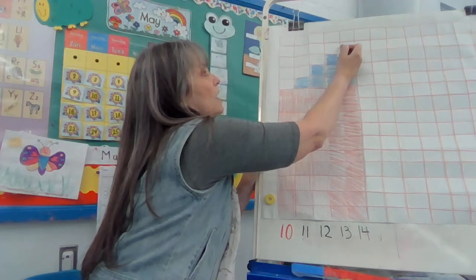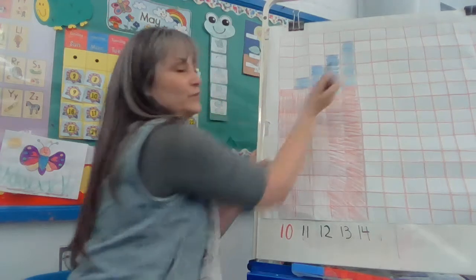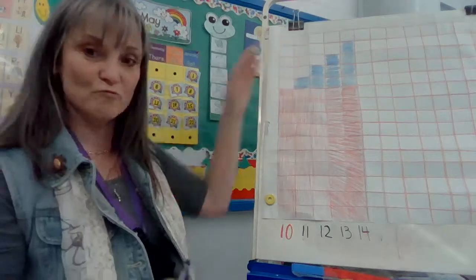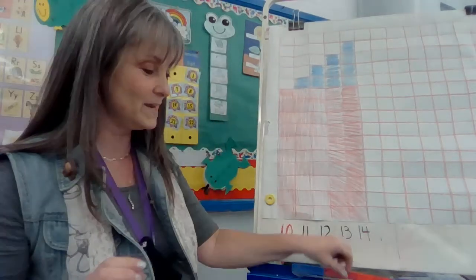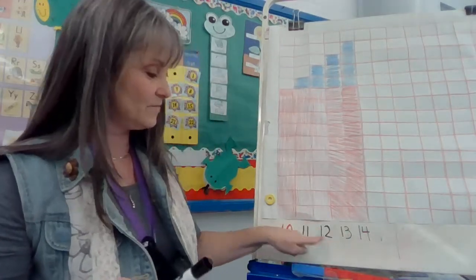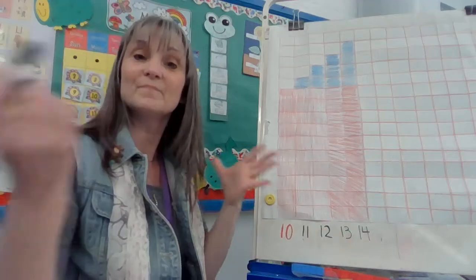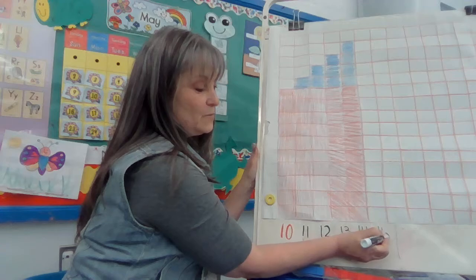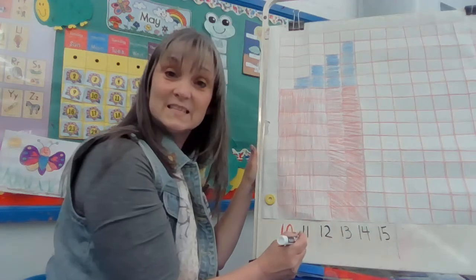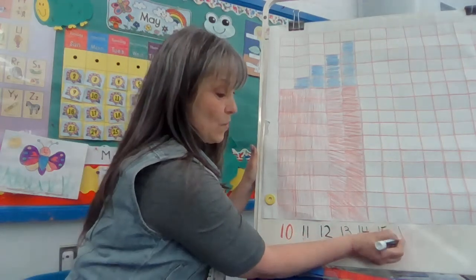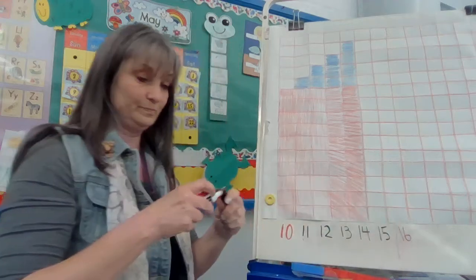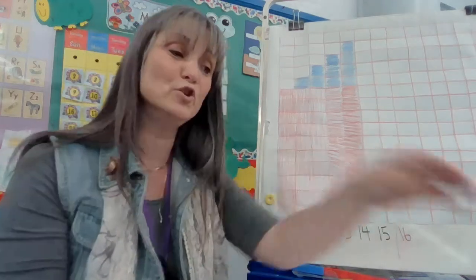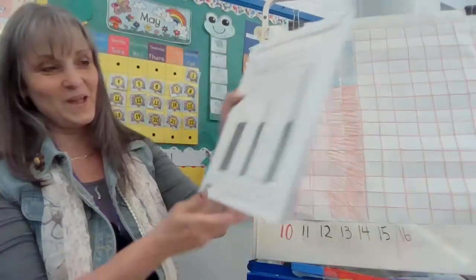And you don't want to ask somebody else to do it for you. See how we're going right up? What do you think will be next? 10, 11, 12, 13, 14. You will be doing 15. And after 15 will come 16. How do you write that? 1, 6.